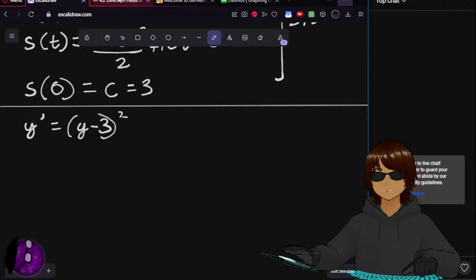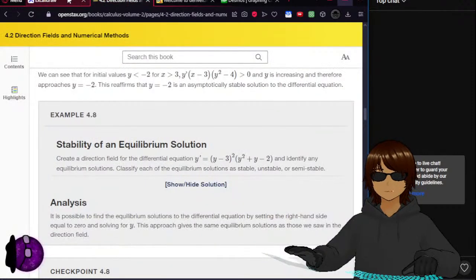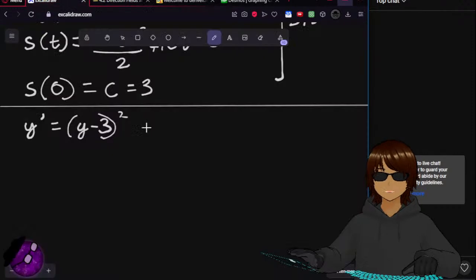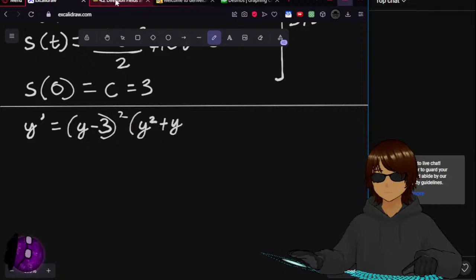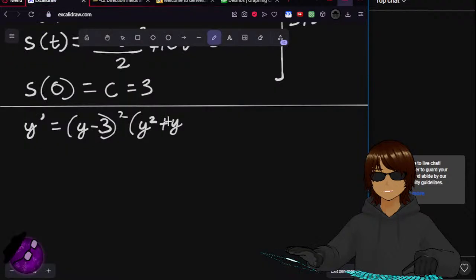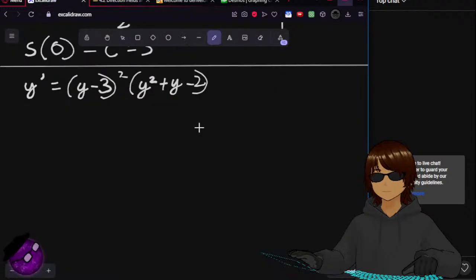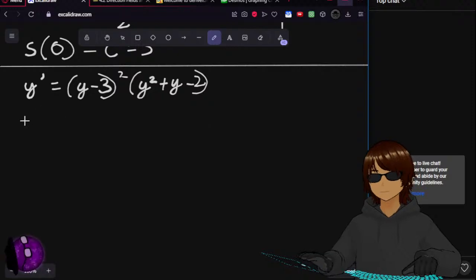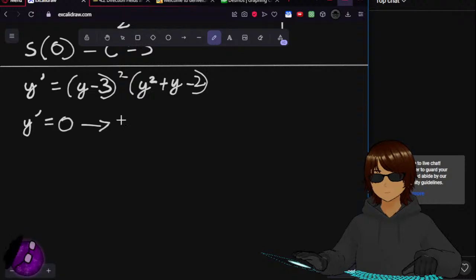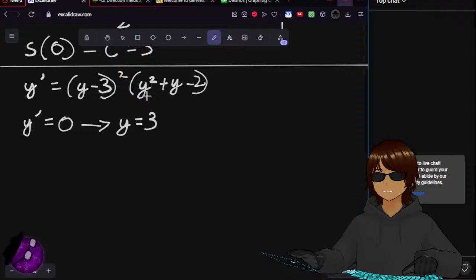Square y square plus y -2. So if this is 0, that means y is 3, because then this part is 0.